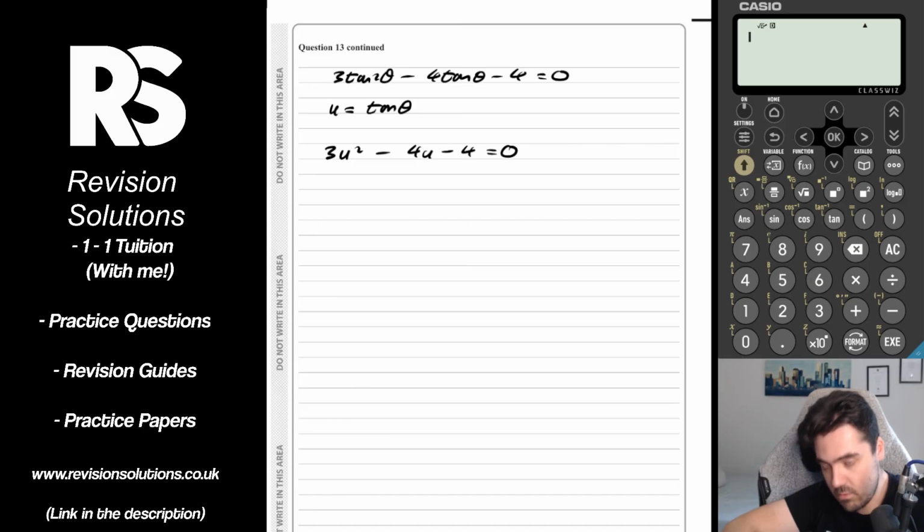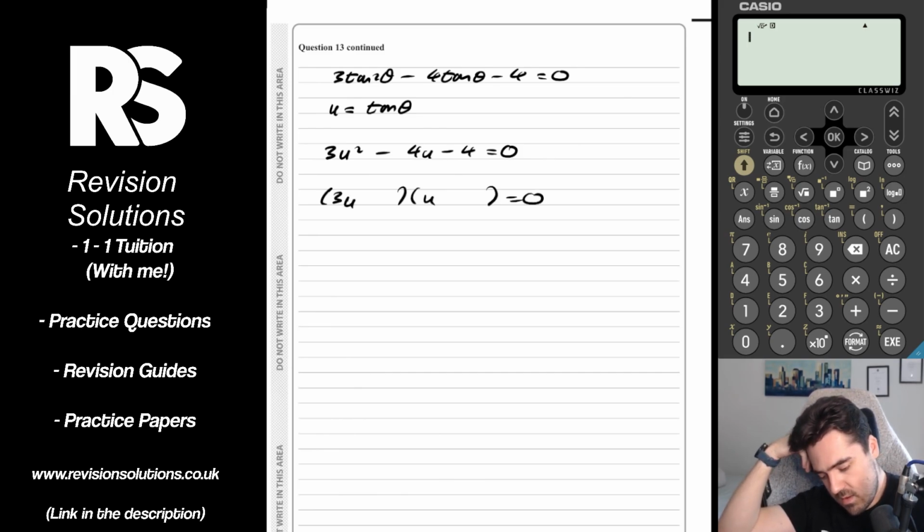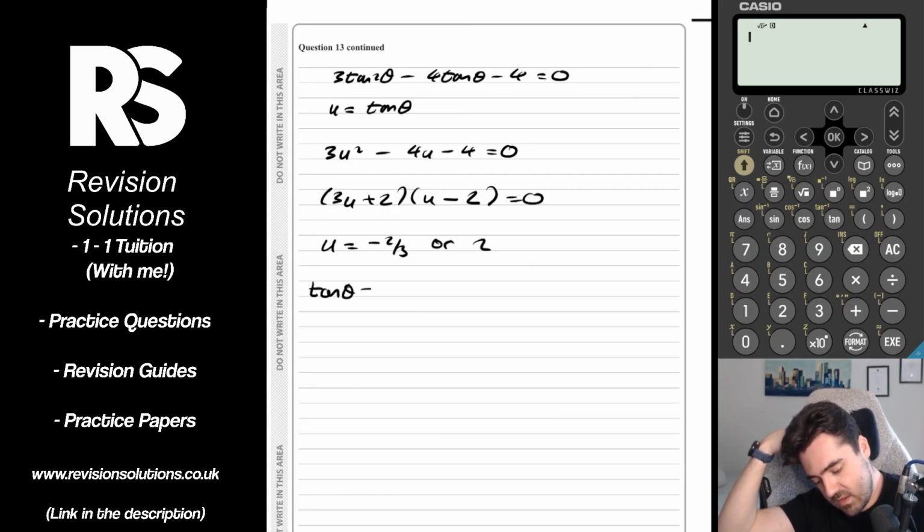So more of a quadratic we're used to seeing, perhaps. Then that's factorizable, actually. So let's do that. So if I put a minus 2 in there, that makes minus 6u. I put a plus 2 in there, that takes us back to minus 4u, and we get the minus 4, so that works. So then u is minus 2 over 3, or 2. So then tan theta is minus 2 over 3, or 2.